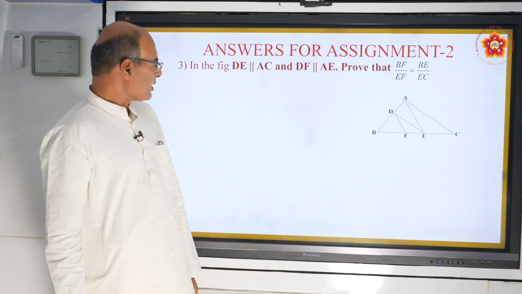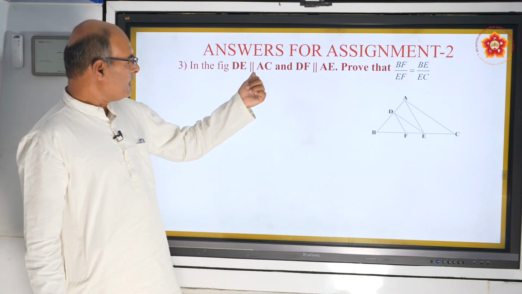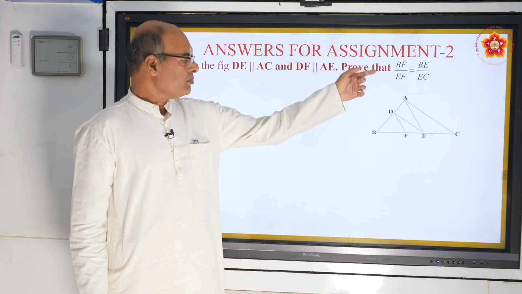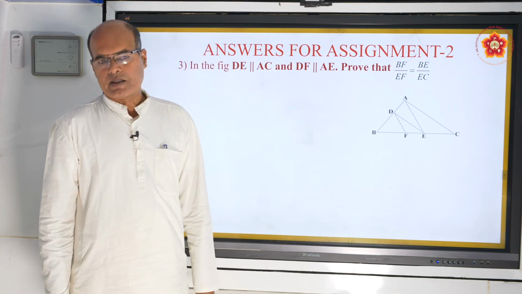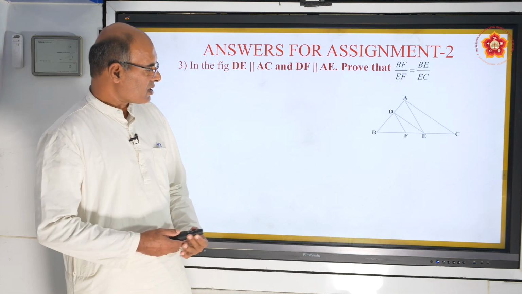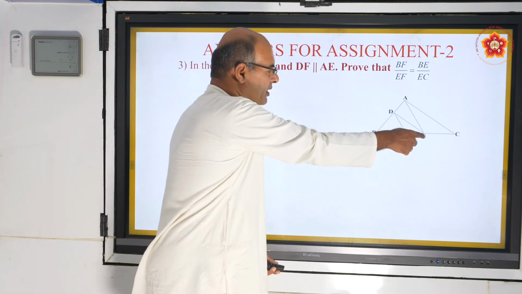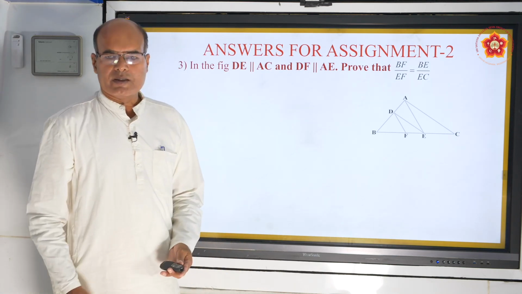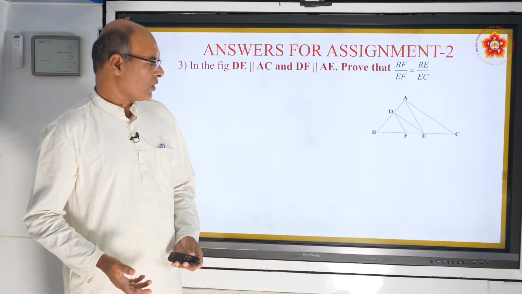In the last question of the assignment, in the figure DE is parallel to AC and DF is parallel to AE. Prove that BF by EF is equal to BE by EC. For that, first take triangle ABC along with the side DE which is parallel to AC. Apply the Thales theorem once.